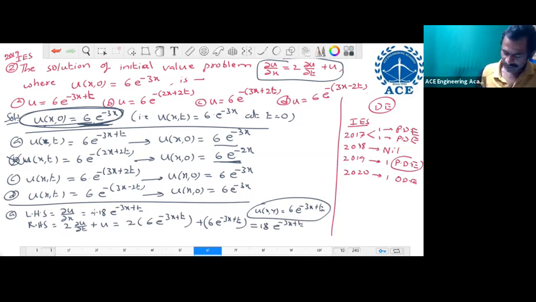LHS is minus 18 times, RHS is plus 18 times. Both are not the same. Here, LHS is not equal to RHS. The differential equation is not satisfied with option A. So A is wrong.